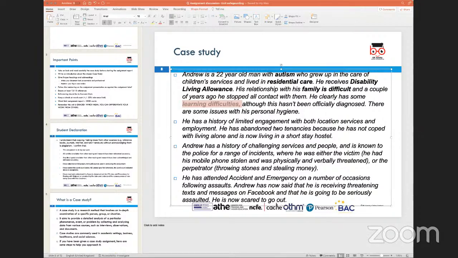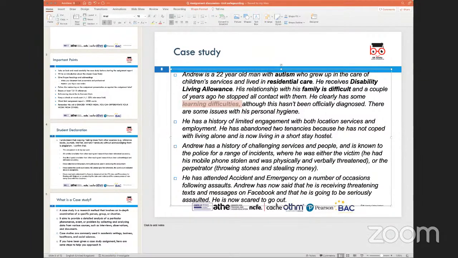So common types of learning difficulties tend to be things like dyslexia. We have ADHD, a bit of a tongue twister, which is basically an attention deficit syndrome. And they typically impact a person's academic, social, and emotional development.